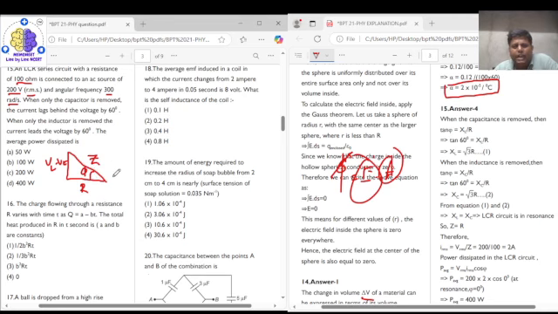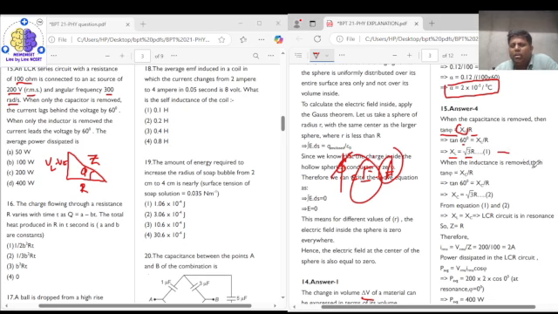So tan phi is perpendicular upon base. So here, when the capacitor is removed, only the inductor is left. So tan phi is equal to XL upon R. For that case, phi is equal to 60 degrees. Tan phi is equal to XL upon R. It means that XL is equal to root 3 times R, and we have R as 100.